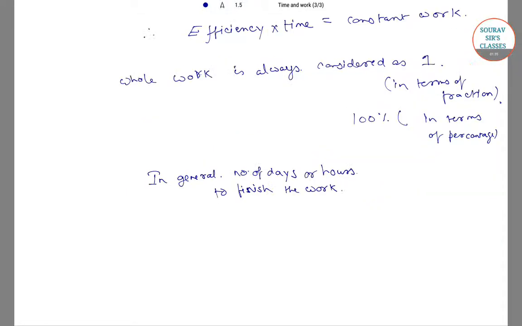In general, the number of days or hours taken to finish the work is given by 100 divided by efficiency.